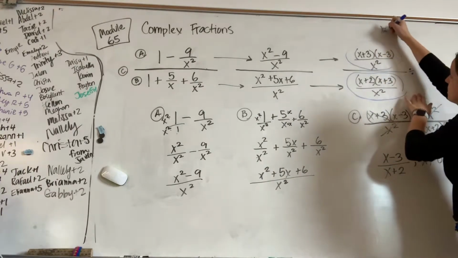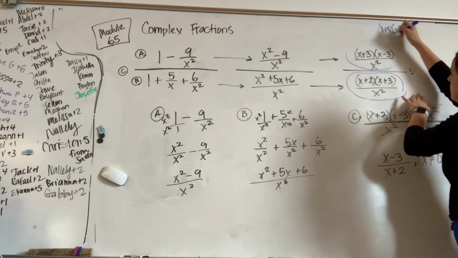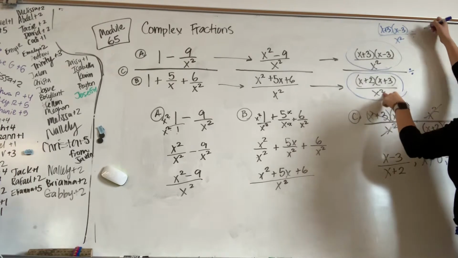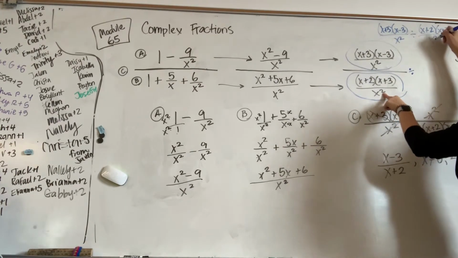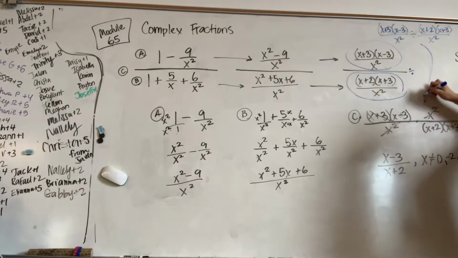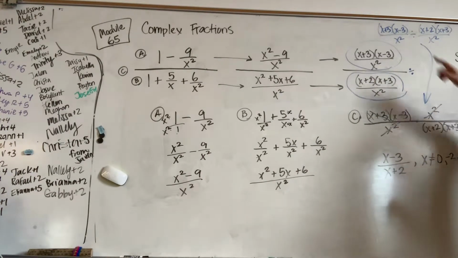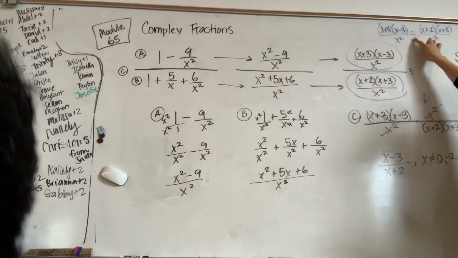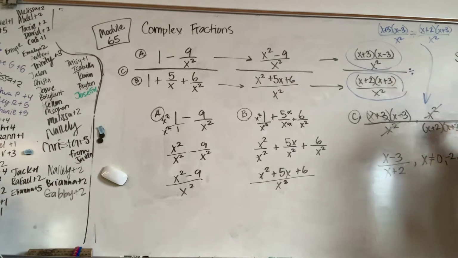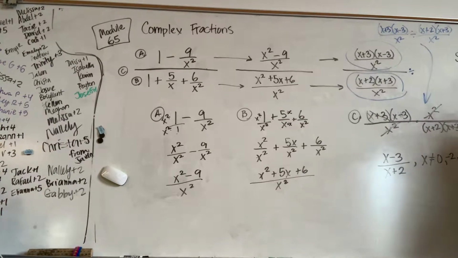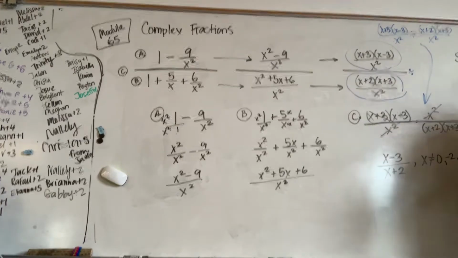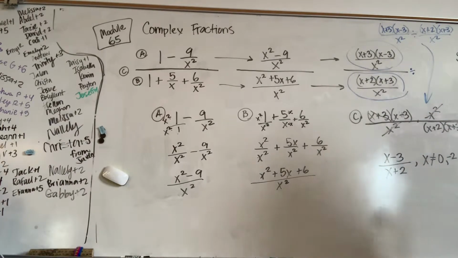We could have written it x plus 3 times x minus 3 over x squared divided by x plus 2 over x plus 3 over x squared, and then the next step would have been this one. So you just skipped the division step. We just skipped writing it with the fourth grade division symbol. We flip and multiply, remember? Because when you're dividing by a fraction, it's the same as multiplying by its flip. So we flip this and use the multiplication symbol. Good questions.